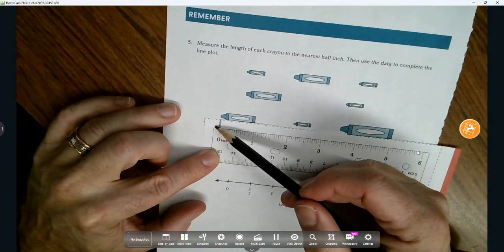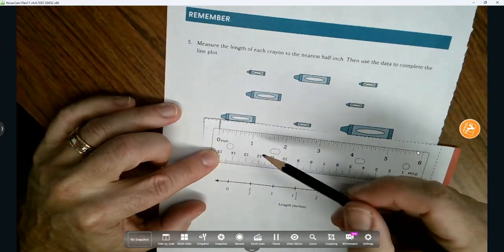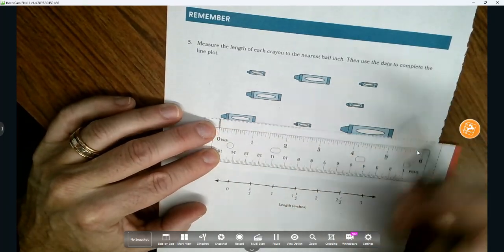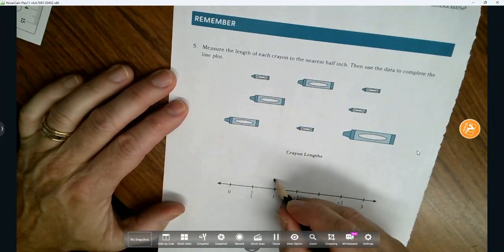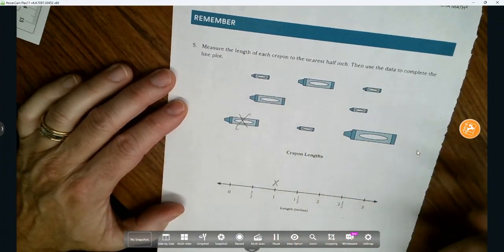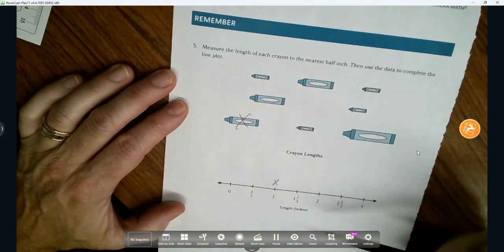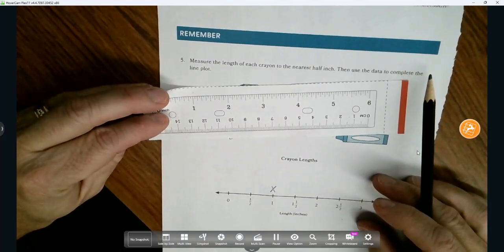If you line up at the edge of the paper or the edge of the ruler, your distance is going to be wrong. So this one measures from the front to the back 1 inch. So I go to 1 inch down here, and I put an X above 1 inch. Then I'm going to put an X on that one because I already measured it. Measure all these, put an X above the length of each one.